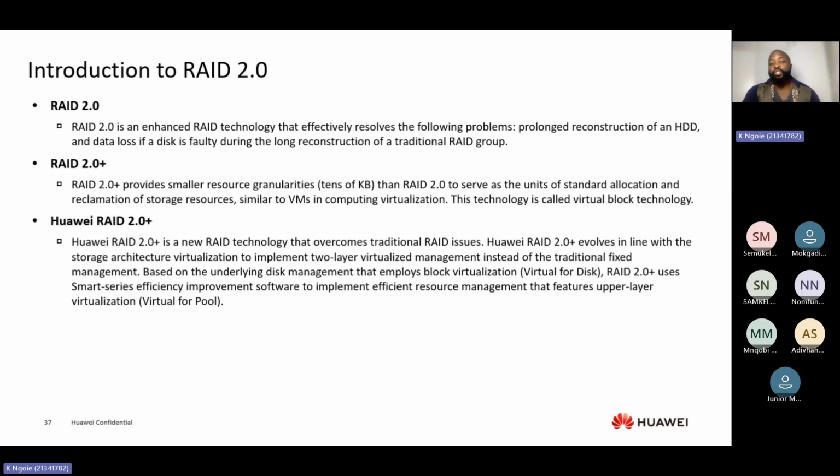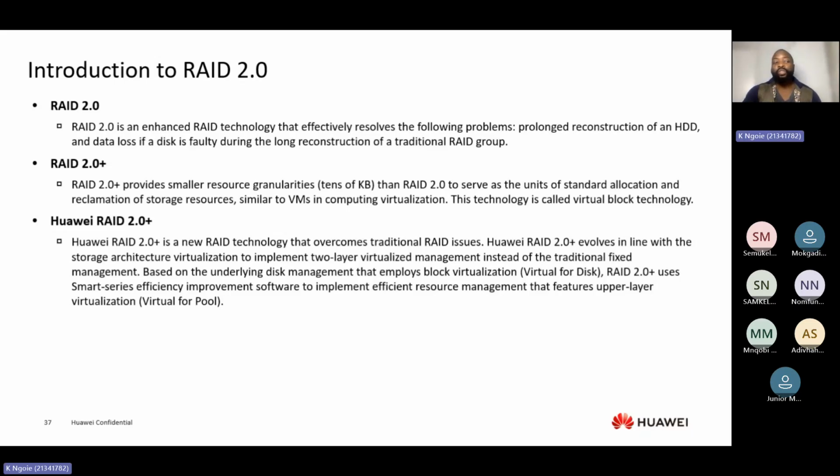And then we're going to introduce a smart software that will manage and allocate storage resources in the system. Okay, so in this system of the Huawei RAID 2.0 plus, the advantage is that all disks work together.